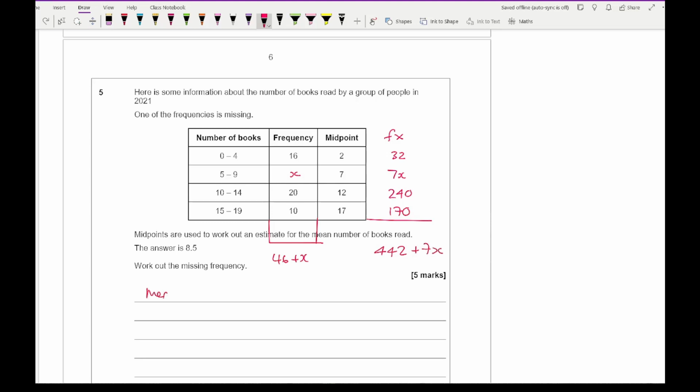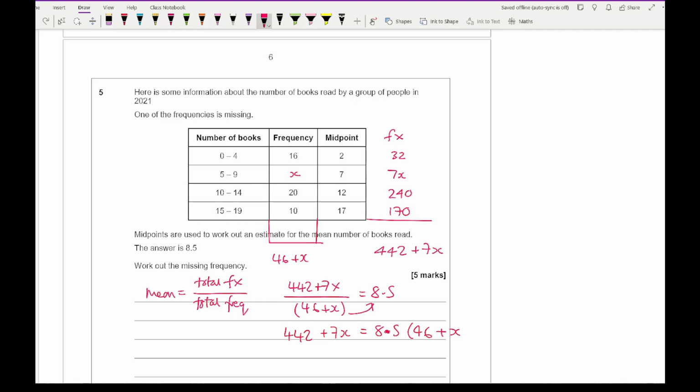Now the mean is equal to the total FX divided by the total frequency, which in this case is 442 plus 7X divided by 46 plus X, and that equals 8.5. Now if I put brackets around that and move that to the right hand side, I get 442 plus 7X equals 8.5 times (46 plus X).